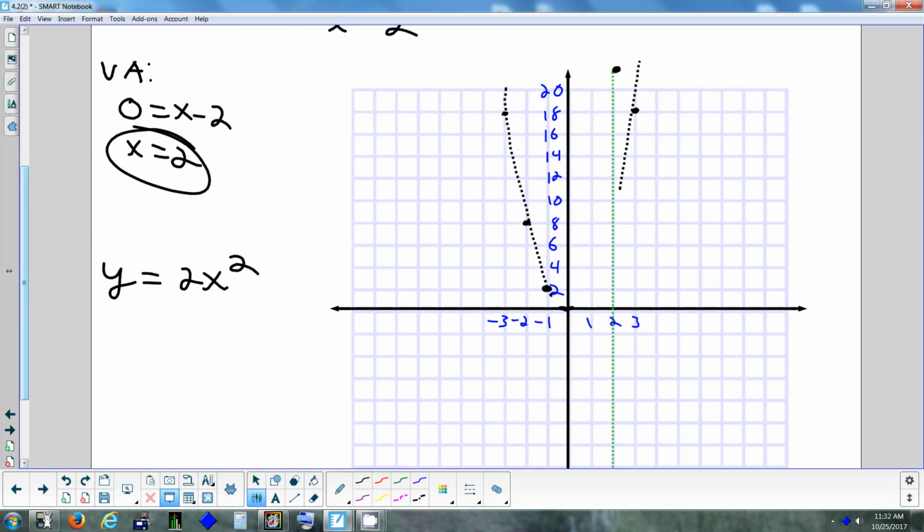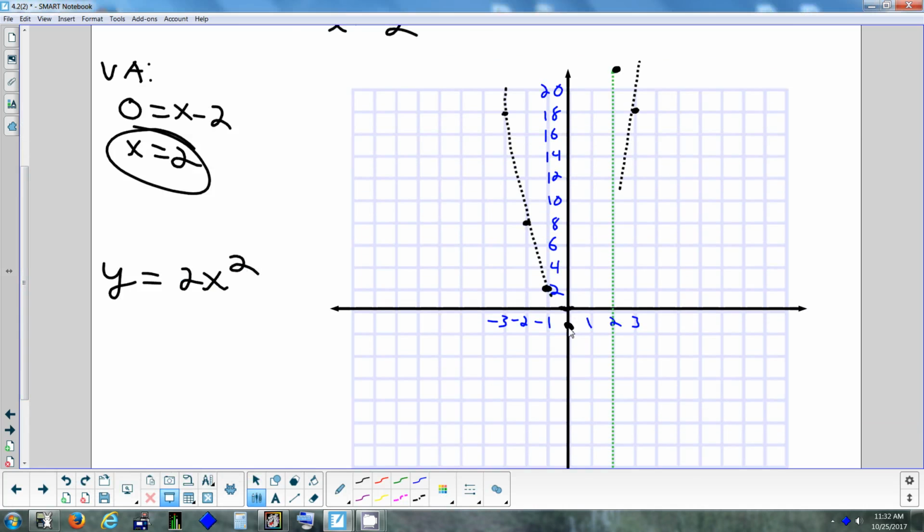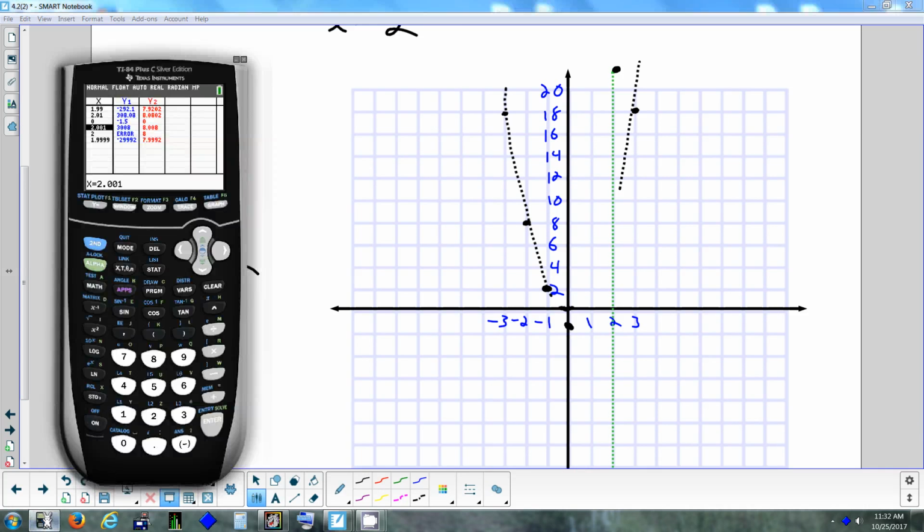Now, the question is how that turn is going to happen near the origin. So what I might want to do is get a couple more points. Let's get 0. So 0, negative 1.5, about right there. Let's get 1. 1, negative 1.